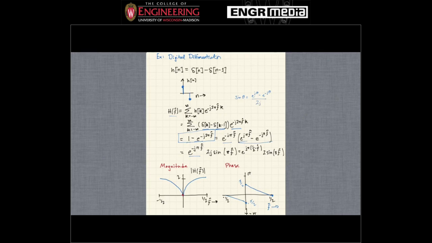Okay, so you can convince yourself that this whole thing can just be written as 2j times sine of pi f hat. That's exactly what I did. And then, again, I'm going to rewrite j as e to the j pi over 2. So j is equal to e to the j pi over 2.